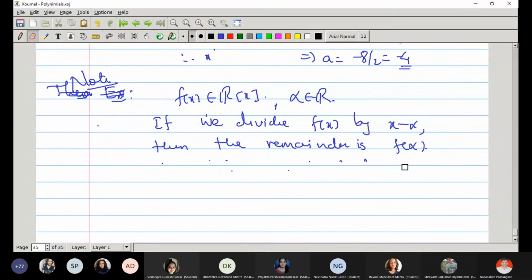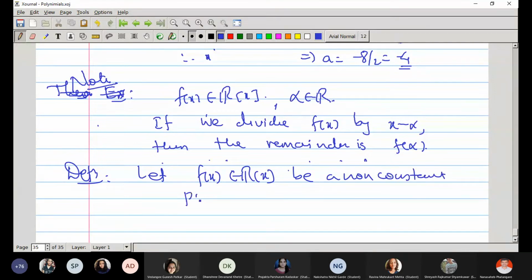Let f of x belong to R[x] be a non-constant polynomial. What is the meaning of non-constant?